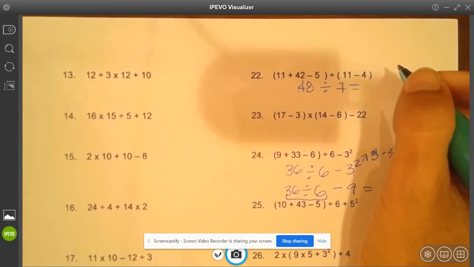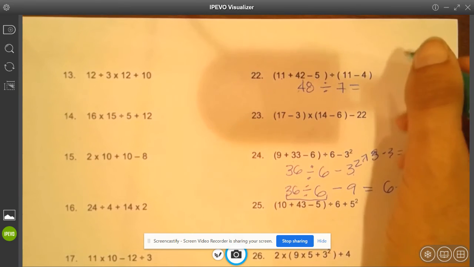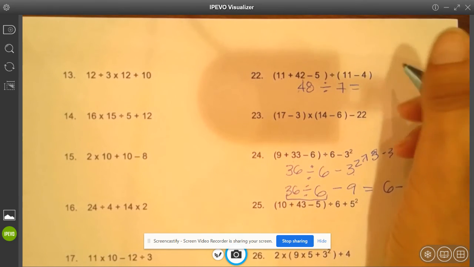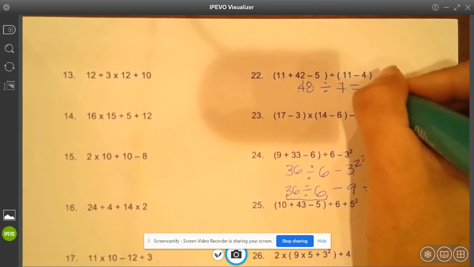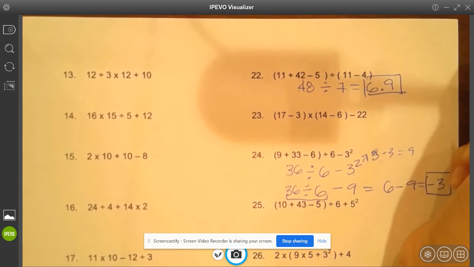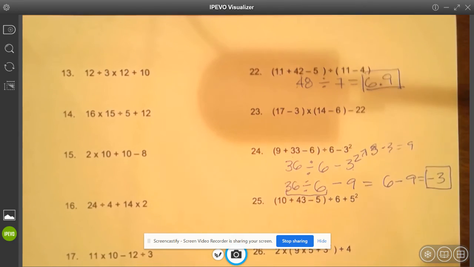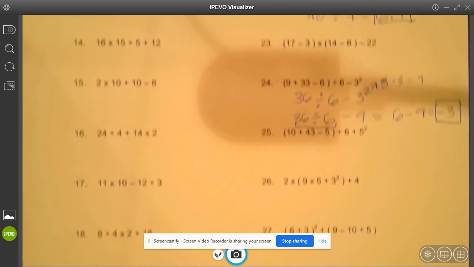And then 48 divided by 7. And then you just get a number that's crazy. You can just put a decimal here. Okay, I'll get that. So 48 divided by, yep, okay. All right, so if you get a decimal, that's okay.